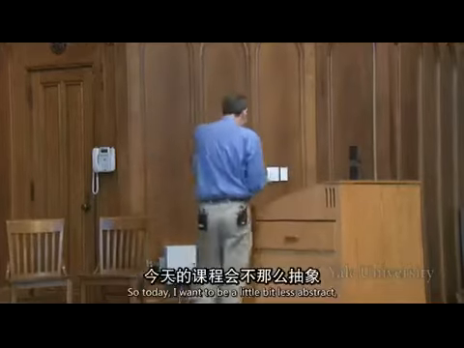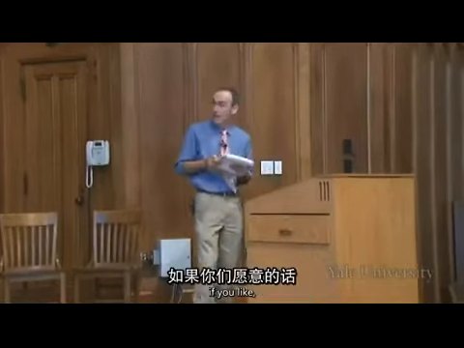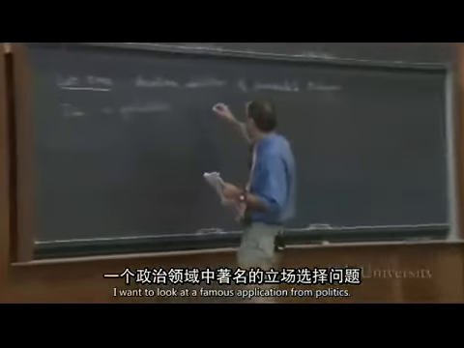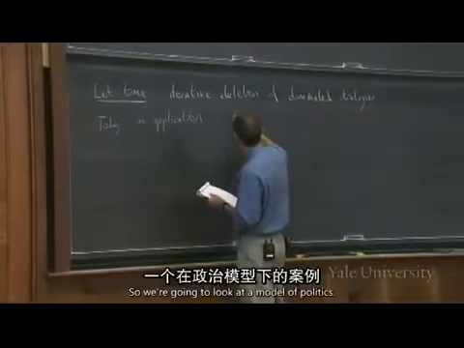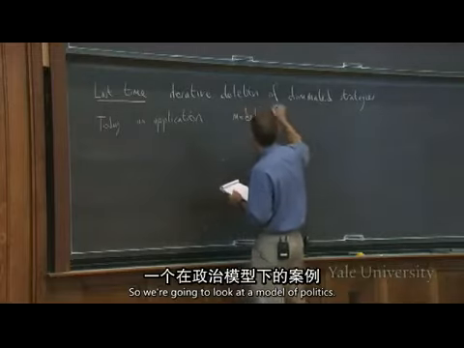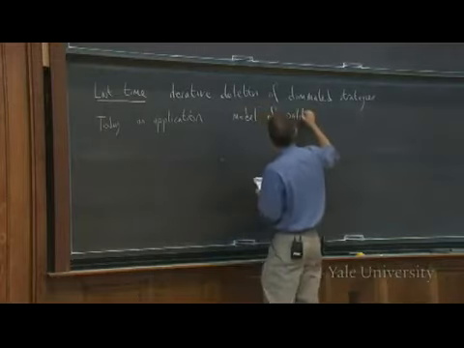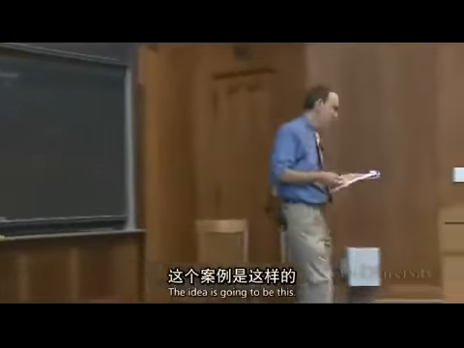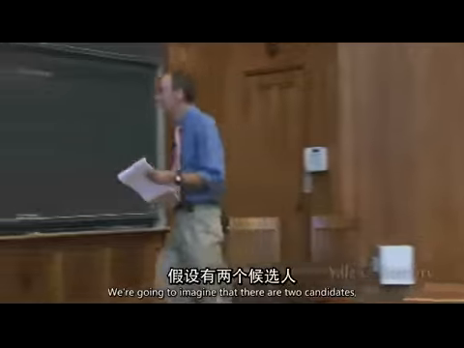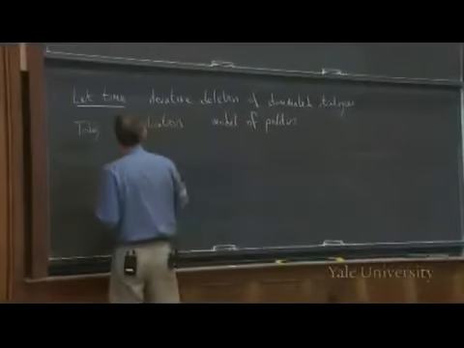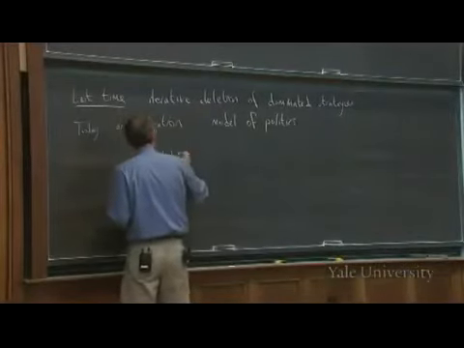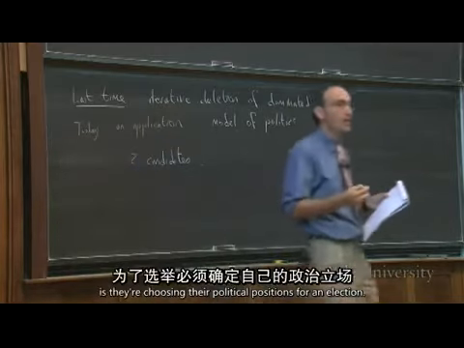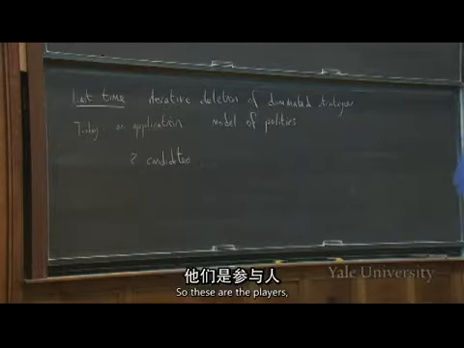Today I want to be a little bit less abstract, if you like, and look at an application. I want to look at a famous application from politics. We're going to look at a model of politics. The idea is going to be this. We're going to imagine that there are two candidates, and what these candidates are doing is choosing their political positions for an election.